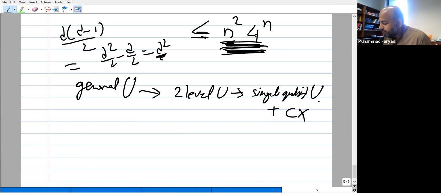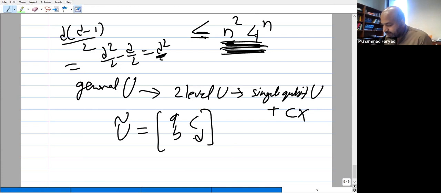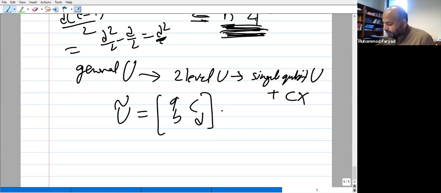Now single qubit unitary is still arbitrary. Okay, we had that ABCD matrix, right? And in general, this is the infinite number of gates still, because these ABCDs can have any value subject to that unitary requirement.